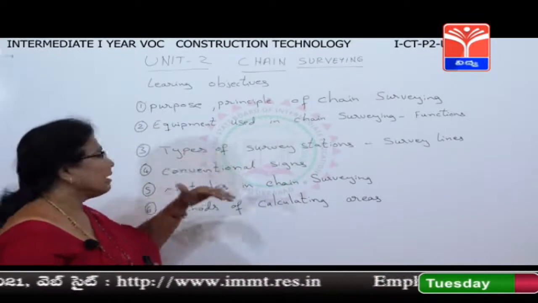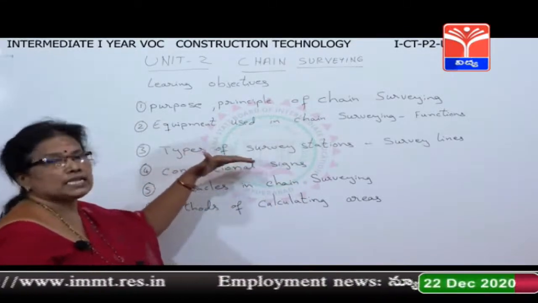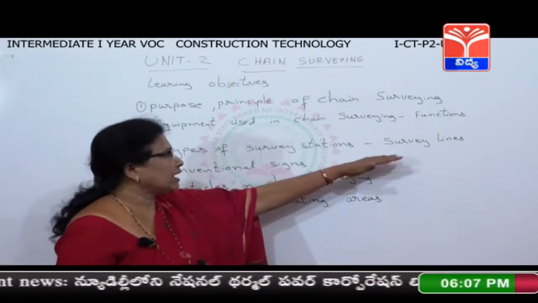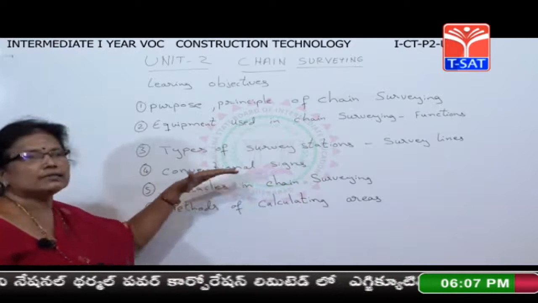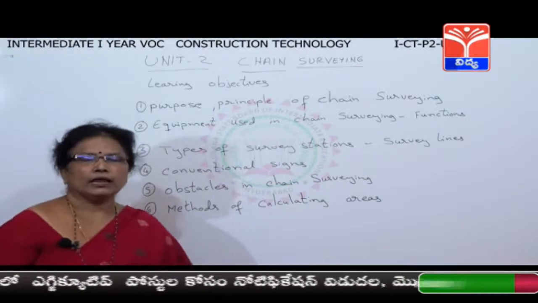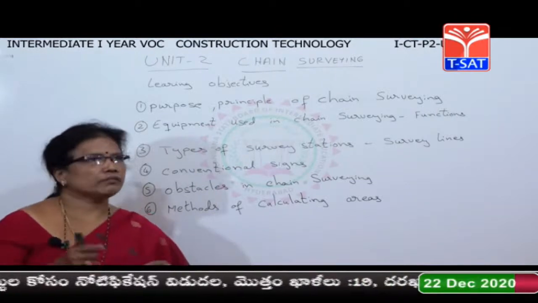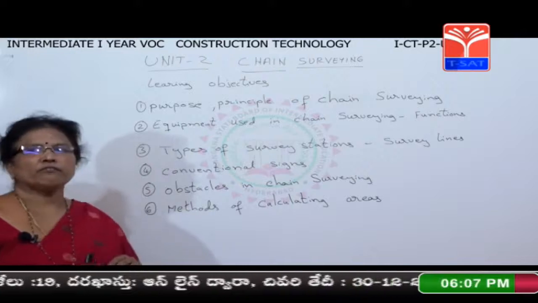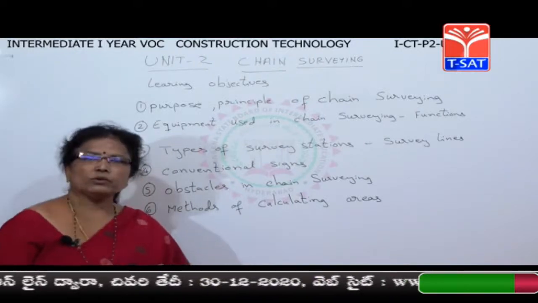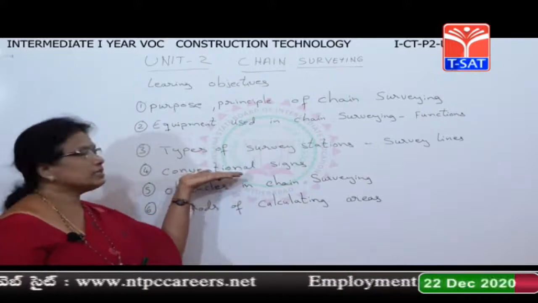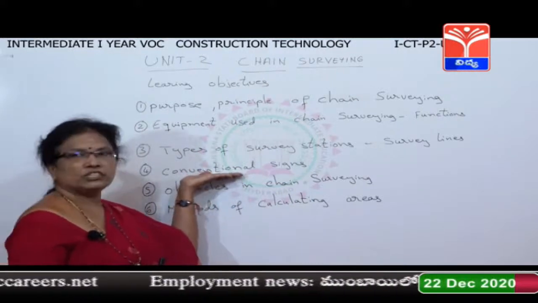Next, stations, types of survey stations and different types of survey lines. Then conventional signs. You might have seen an atlas. There, they use symbols for rivers, roads, mountains, like that. Here also in civil engineering, while doing plotting, we'll be using different conventional signs. Those will be taught here.